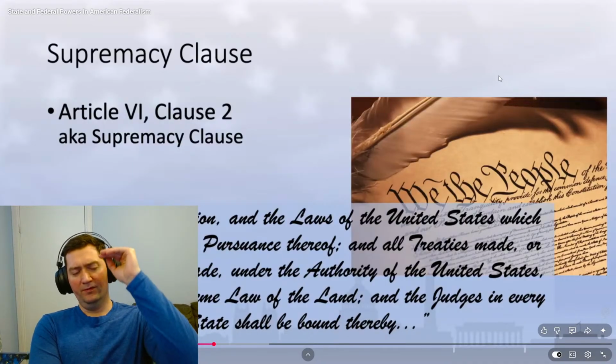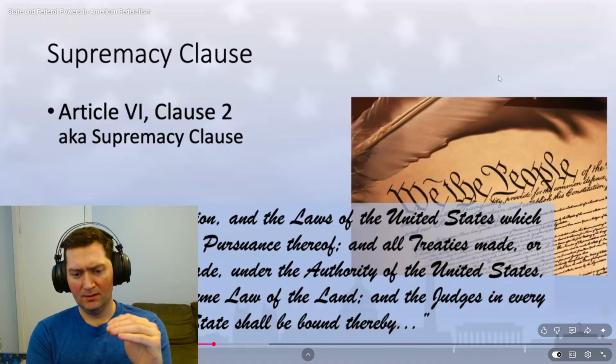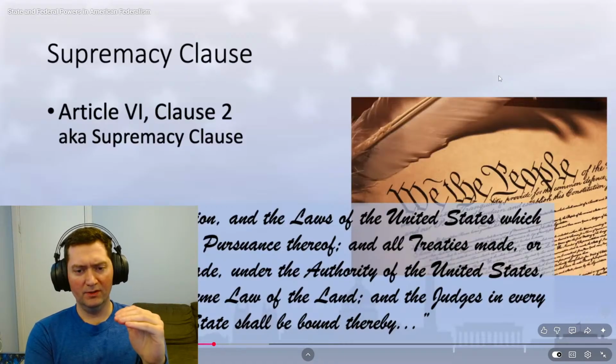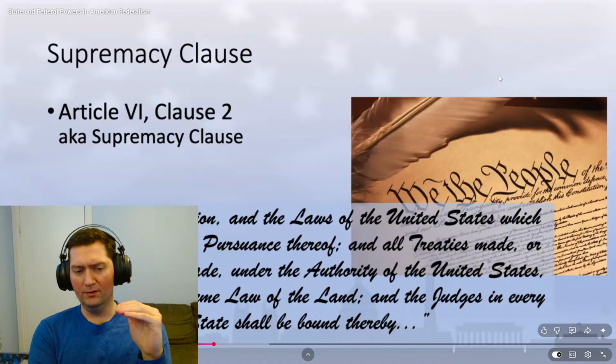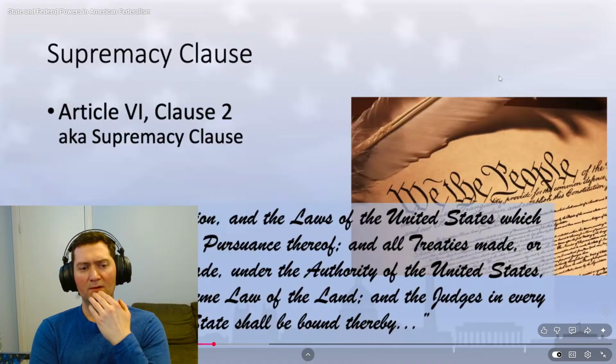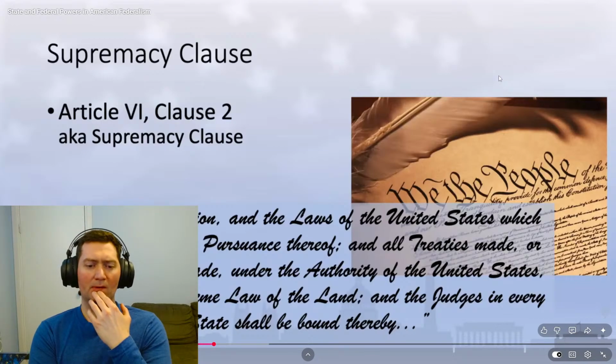So, the federal law, what is passed at the federal level, it takes precedence over state law. I mean, that makes sense. What happens when you get contradictions? And then you have to go by the federal law.